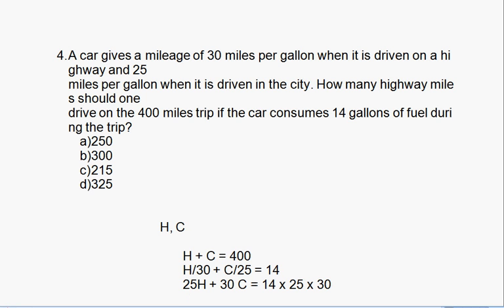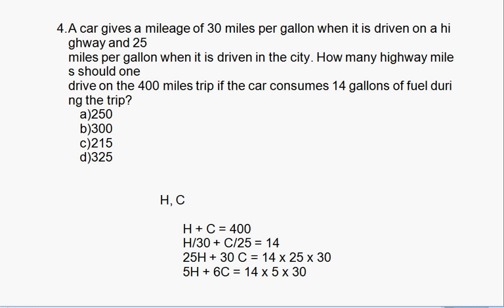Simplifying it, it would become 5h plus 6c is equal to 14 into 5 into 30. So 14 into 5 is 70, right? 70 into 30 is 2100, right?